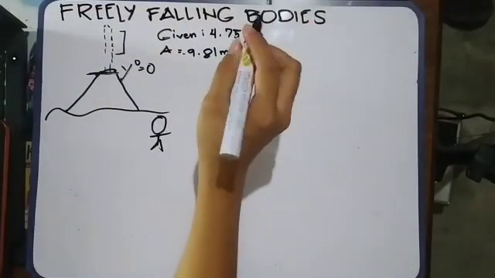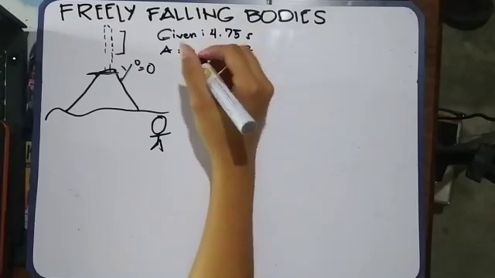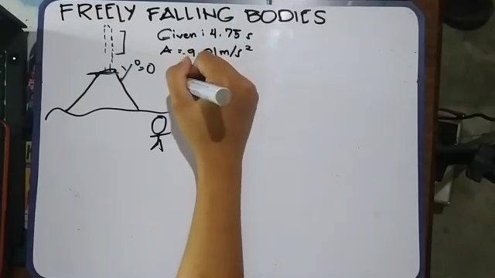Ayan. Tapos, ngayon, ito yung gagamitin natin formula is y is equals to y sub o plus v sub o times time plus 1/2 times gravity times time squared. So, diba sinabi ko na kanina na ang y natin is dito, saka ang y sub o.